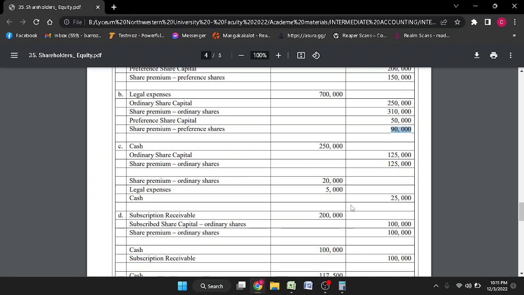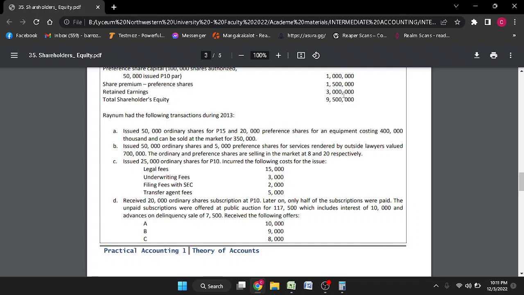So that's the author's way of solving it, to allocate the excess of the 300,000 total of share capital, ordinary and preference share, over the 700,000 legal fees that have been rendered for them by outside lawyers.